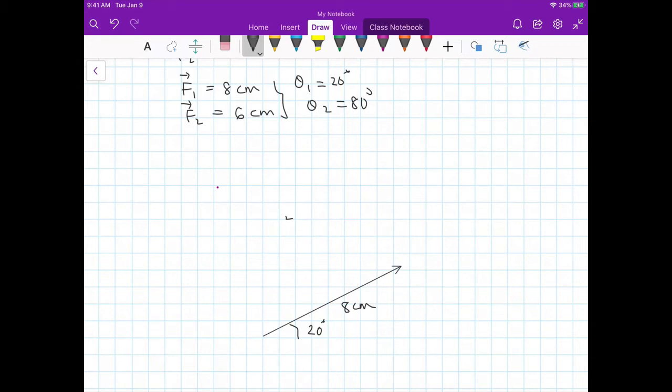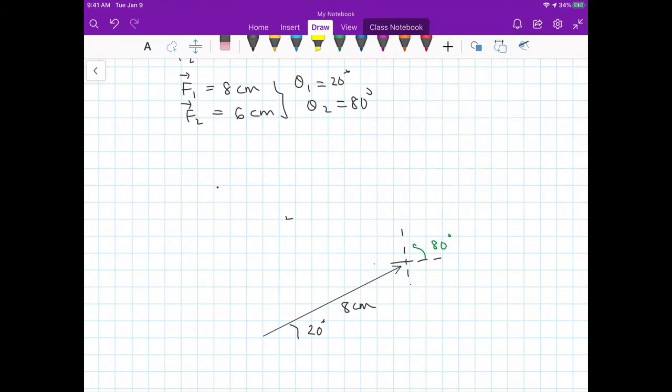Okay. Then I'll go ahead and put my second vector here. Then I'm going to measure 80 degrees. 80 degrees is going to be somehow something like this, right? Approximately. Then I'll go ahead and draw my second vector.